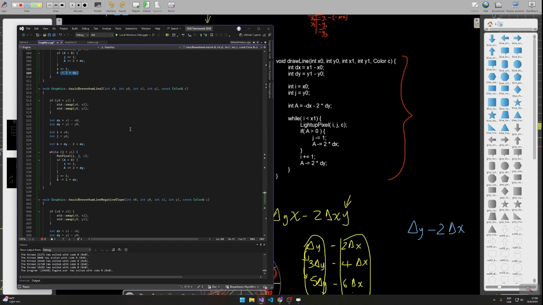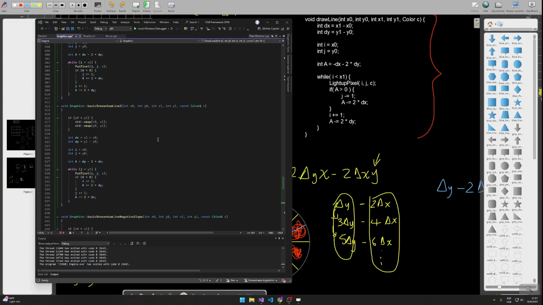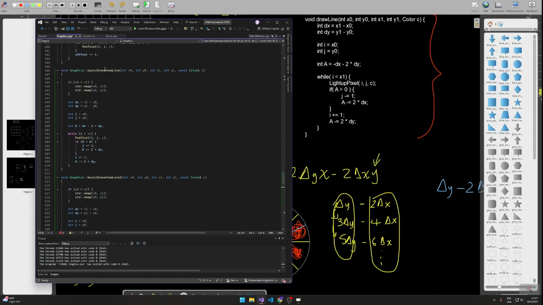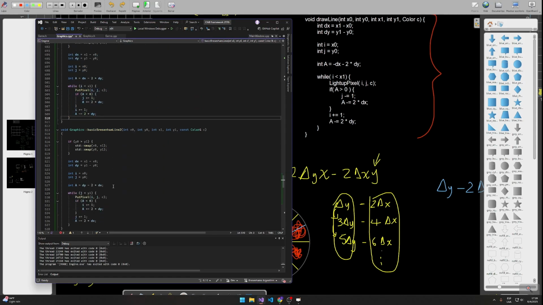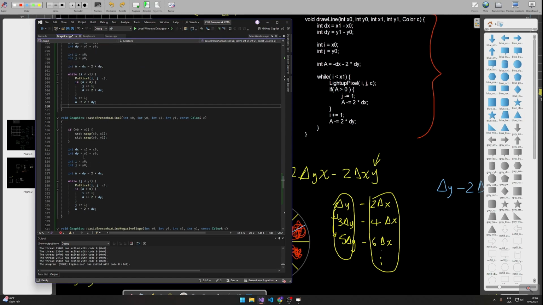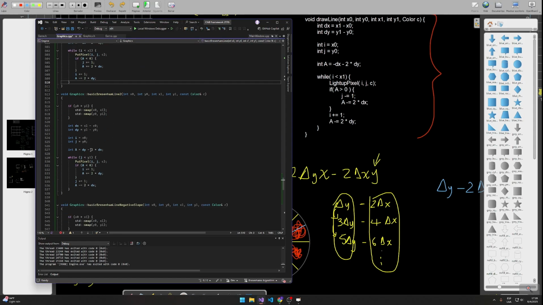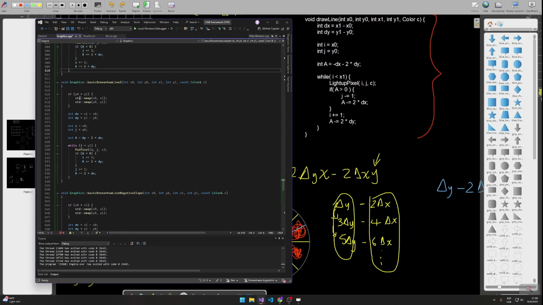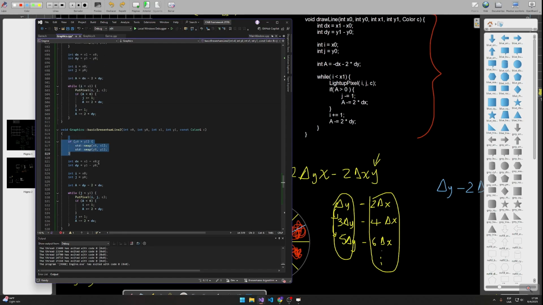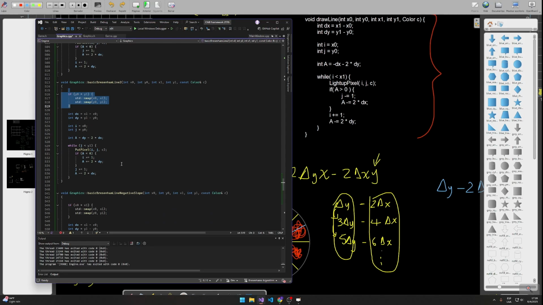And okay, let's just pause the video. And finally, here we have our bigger than one slope version for drawing a line, which is just this same algorithm, but with our variables swapped, dx and dy, and y and x in all of the logic.